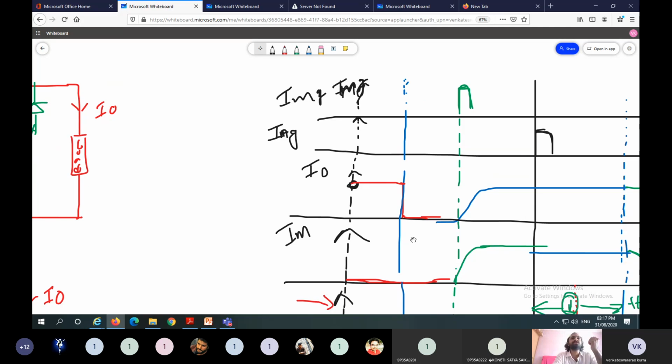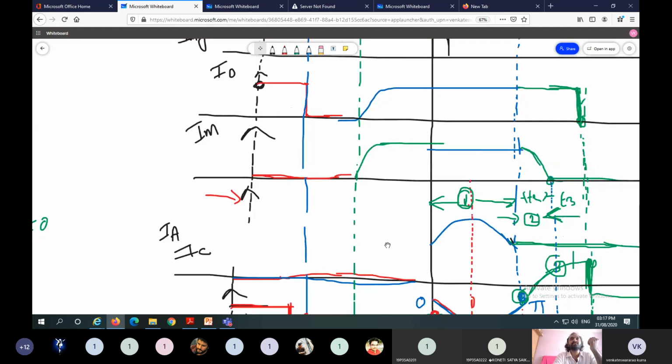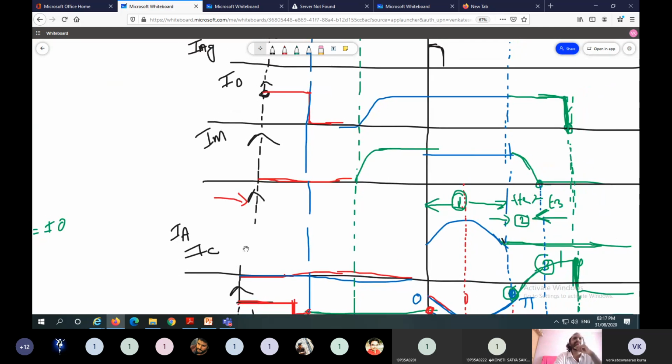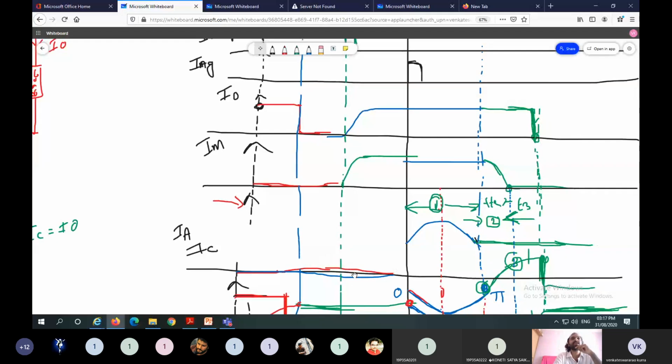Once the main thyristor is turned on, its current increases like this, and there is already voltage across the capacitor, and the current flowing in the capacitor is 0 until the next device is triggered.